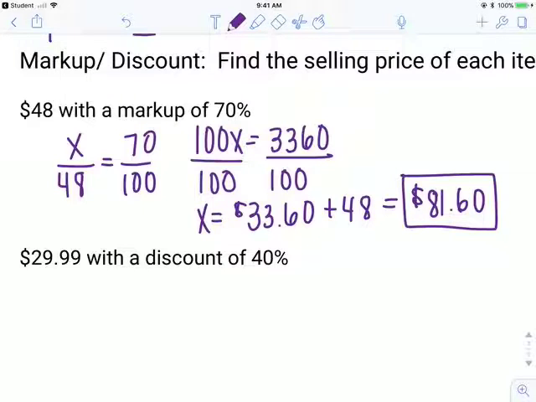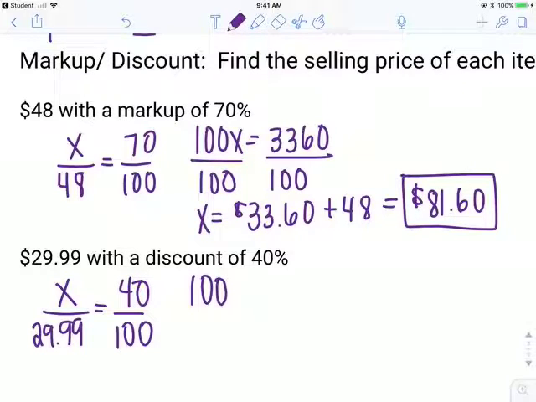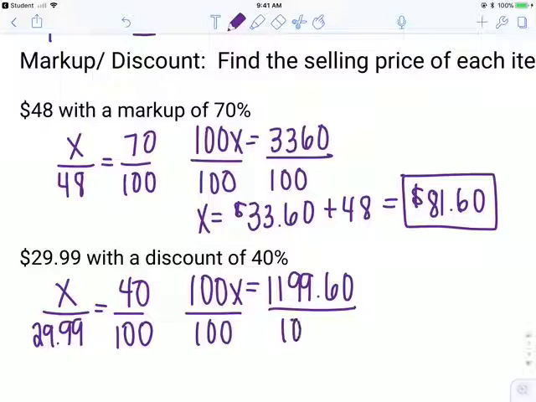Discount, remember we're taking it away, so still part over the total price, still percent over 100 with the cross multiplication. It's probably getting really redundant at this point, but that's what I want. I want you guys to remember how to do these problems so that it just becomes second nature how you set them up. So we're getting a discount here. We're taking 1199.60, dividing by 100 to find out my discount.